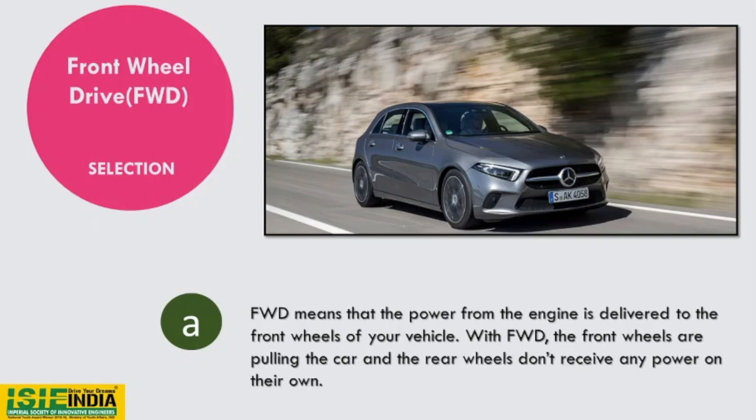First, we will have a look at front wheel drive vehicles. As you can see in this picture, here is an example of the Mercedes-Benz A-Class. Unlike its previous model, the latest generation of Mercedes cars are truly compact. It can be said it is compact due to front wheel drive also.